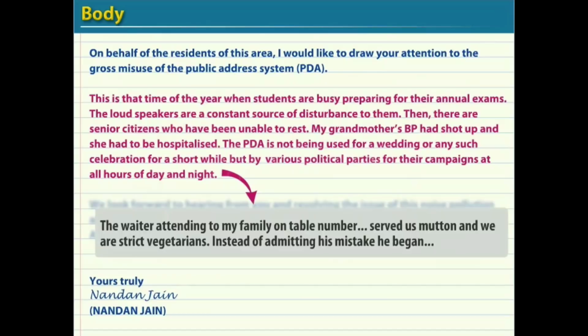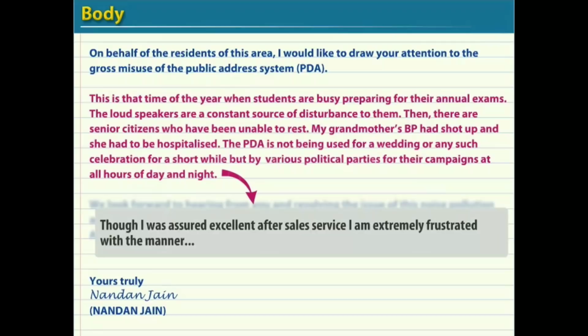The waiter attending to my family on table number served us mutton and we are strict vegetarians. Instead of admitting his mistake, he began. Though I was assured excellent after-sales service, I am extremely frustrated with the manner.